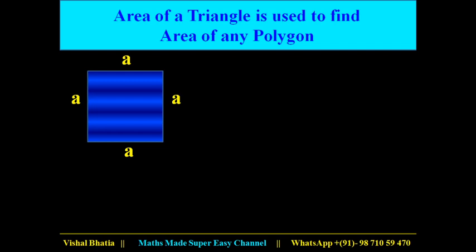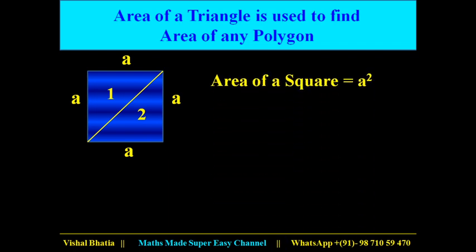Supposing we have a square. All four sides of the square are equal, and the dimensions are a units. Supposing I split the square into two triangles, triangle 1 and triangle 2. Now by geometrical definitions, both the triangles are equal and they're also congruent.